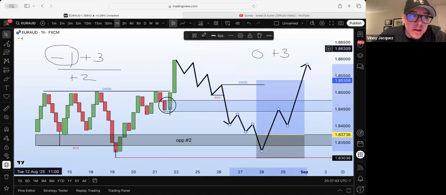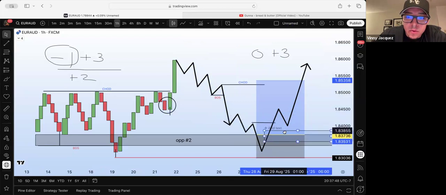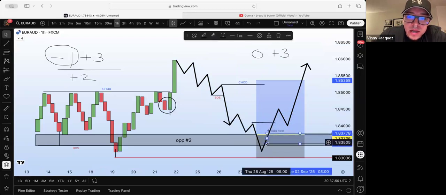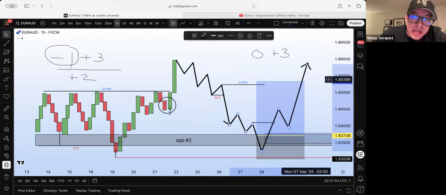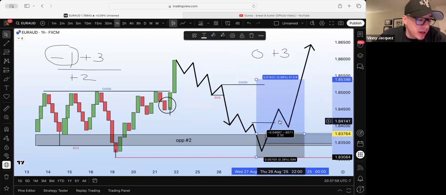sometimes when you're waiting for this confirmation and we get the change of direction, and let's say we're looking for buys down here, sometimes the market won't give you an opportunity and it'll just take off. So sometimes you miss this trade. Does that make sense? Give me a 1 if that makes sense, guys.